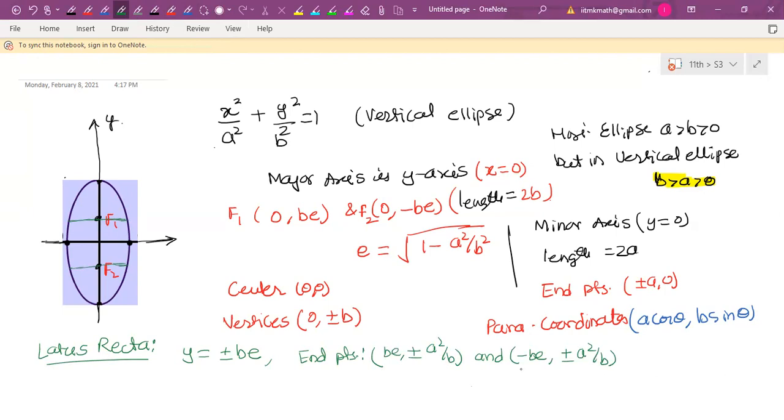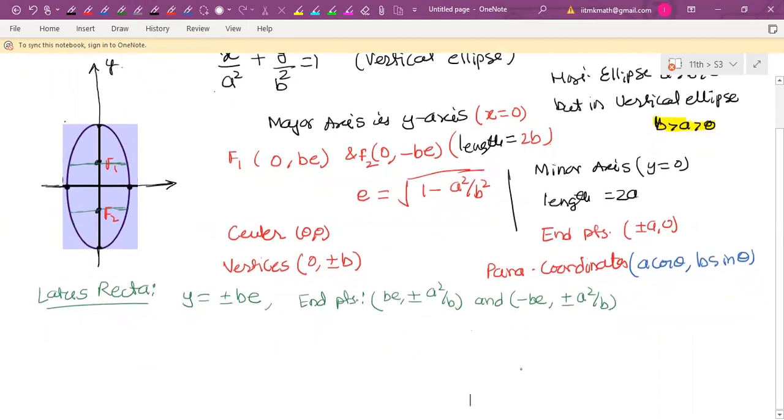How will you get these? Basically, the endpoints of the latus rectum are the points of intersection of this line and the equation of the ellipse. If you simply put y is equal to plus minus be here, you will definitely get these points. Put in x square upon a square plus b square e square upon b square is equal to 1.